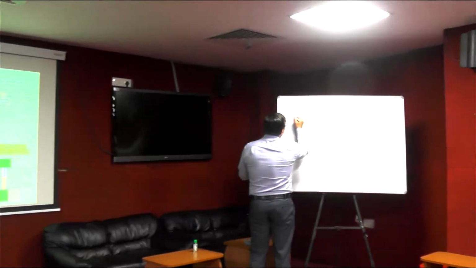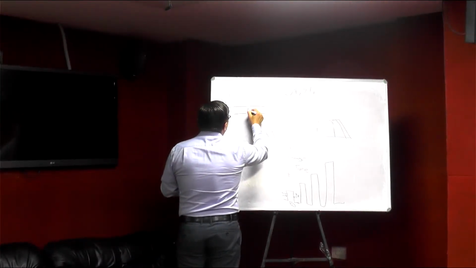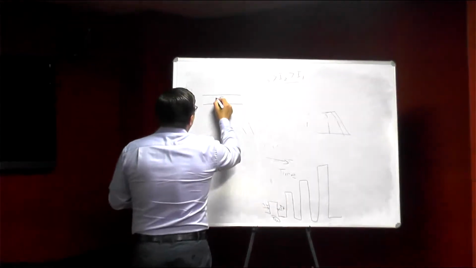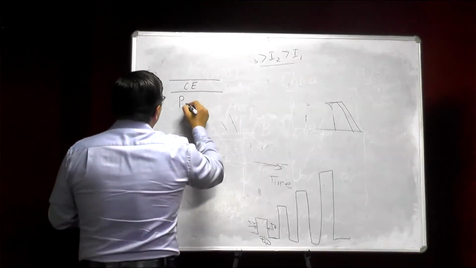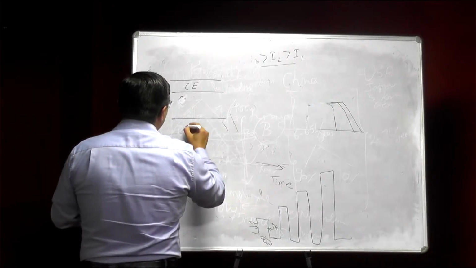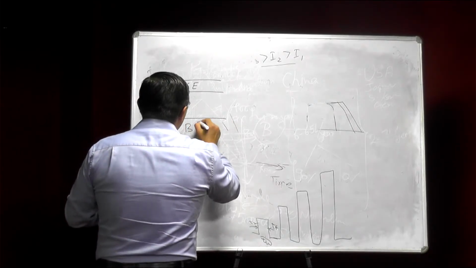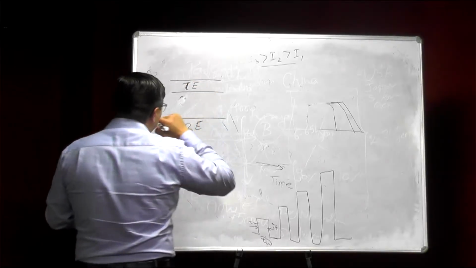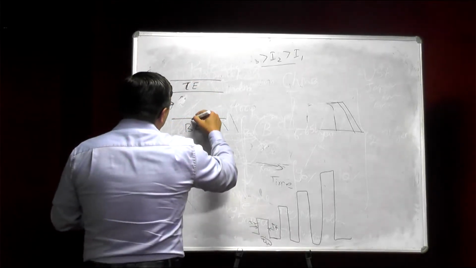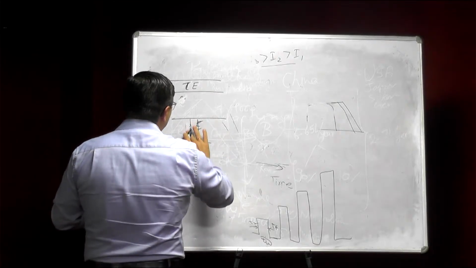If we have two contacts, this is the PCM, and this is the bottom contact, bottom electrode, top electrode. And here we have a heater, the bottom electrode.